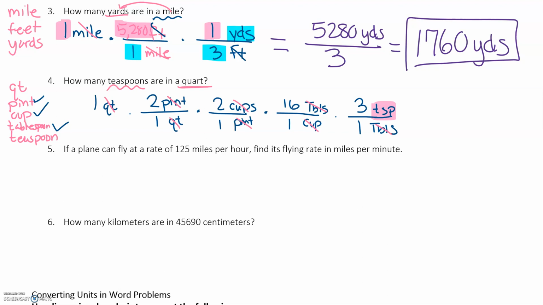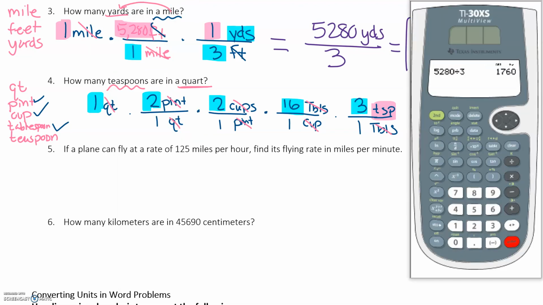So all we need to do is multiply the numbers in the numerator together. All right. So, and if you need your calculator, it's okay, guys. We can use our calculator. This is why you have one. 1 times 2 times 2 times 16 times 3. This is going to give us 192.